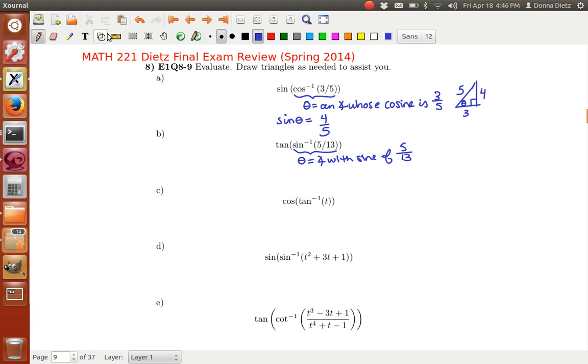We'll try that a little better here. There we go. An angle whose sine is 5/13. So what is this missing piece? Well, it's another Pythagorean triple, and if you don't recognize it, you solve for it and you find it's a 12: 5, 12, 13. And now we want the tangent.